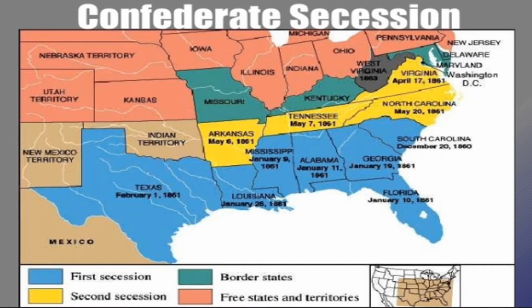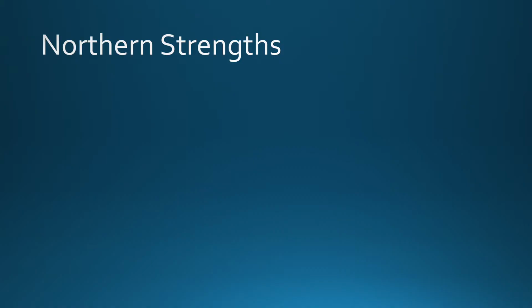couple minutes. So now what we're going to do is go through the strengths and the weaknesses of both sides. And again, these are strengths and weaknesses coming into the war in 1861. Most of them will be strengths and weaknesses continuing through the entirety, but some things will change, and there are some things that are strengths that are more perceived than actually real, so we'll cross that bridge when we get there.